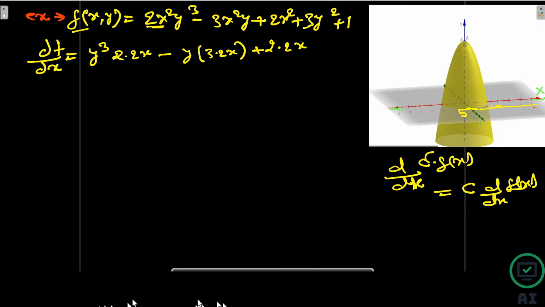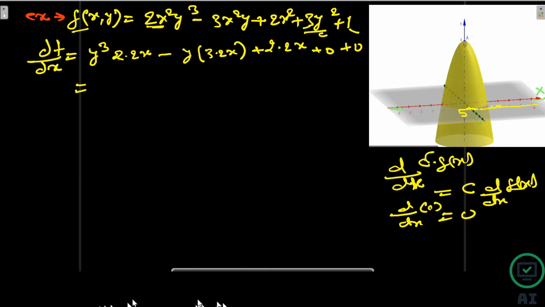Here both are constant, 3 is constant and y is also constant. Differentiation of a constant is 0, so this will be 0. This is also constant, so it will be 0, because we are differentiating with respect to x and keeping y constant.